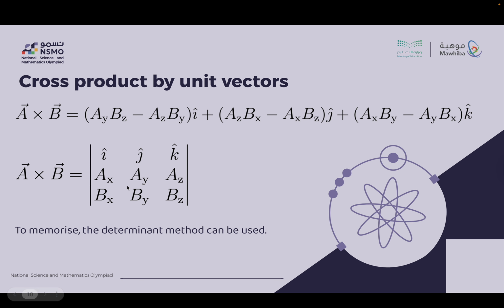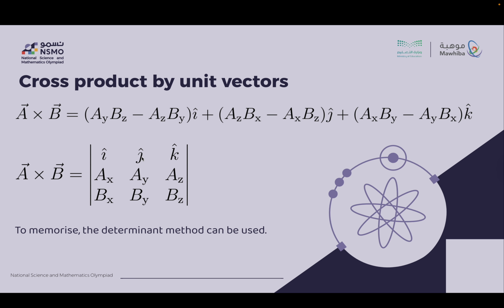So for the i unit vector, we only take these components, and then we multiply and subtract them in the following way: Ay times Bz minus Az times By. We do it in this cross fashion. Ay times Bz minus Az times By. And this is indeed what we can see here, that this is the multiplier of i.